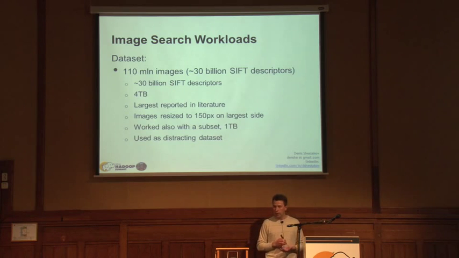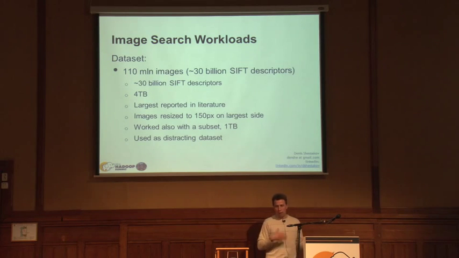The data set we used is quite large, maybe not by industrial standards, but by academic standards, and I guess by regular standards too. It's more than 100 million images. In terms of data size, I'm talking about the size of SIFT descriptors: the conversion gave us around 30 billion SIFT descriptors, which resulted in approximately 4 terabytes.